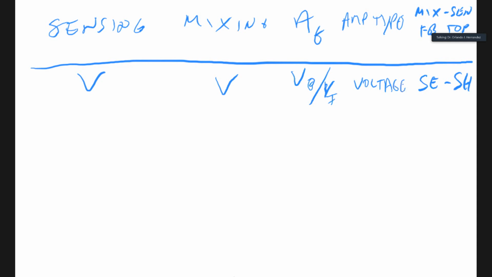We can sense current and mix voltage. So in that case, the closed loop gain would be an output current over an input voltage, and that is what we call a transconductance amplifier.